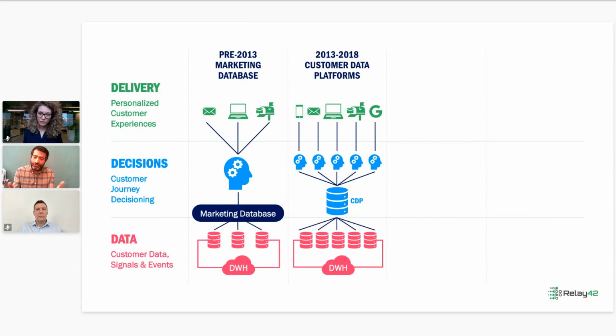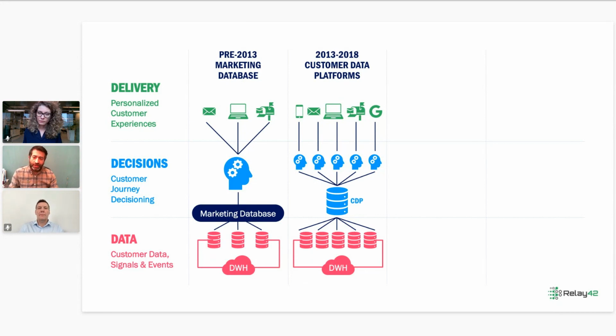So although we have a unified data layer, we still have siloed or disconnected decisions. As marketers trying to be joined up and personalize and create that connected customer experience, yes, we're doing better, because we're using a single customer view and better trustworthy insights to create our segments and our campaigns, but we're still making decisions in many different places.